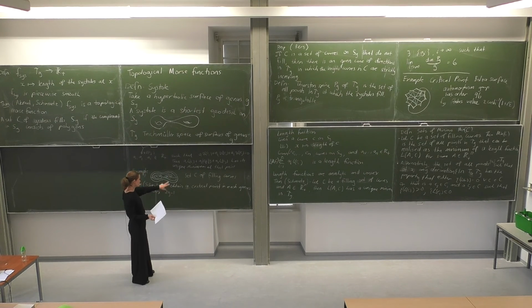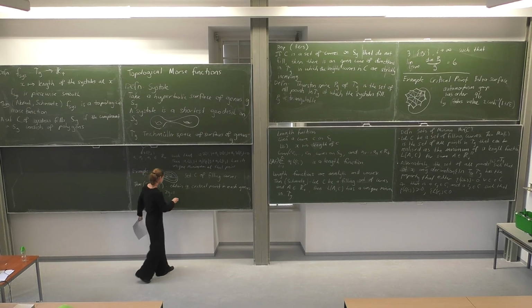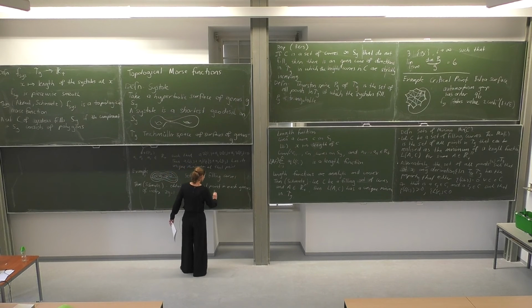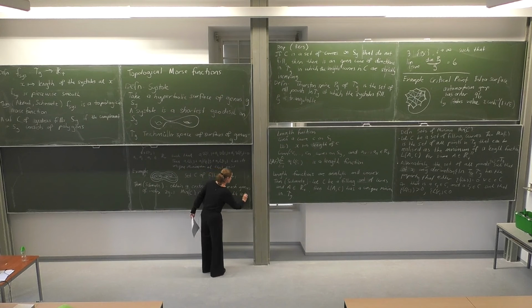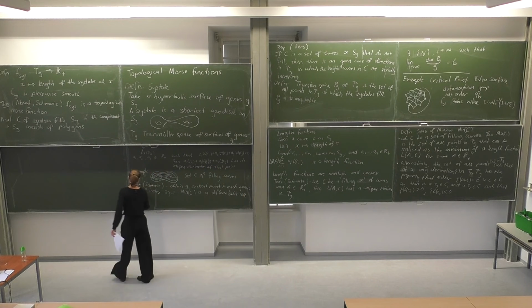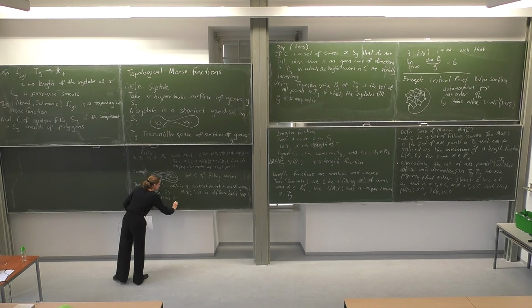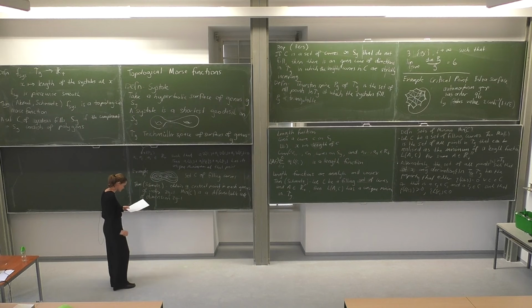So in each genus, you get such an example, and Schmutz says that min C is a differentiable cell of dimension 2G minus 1.